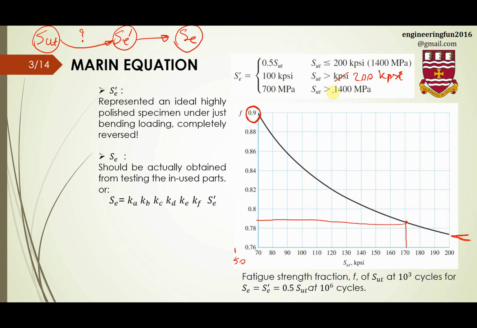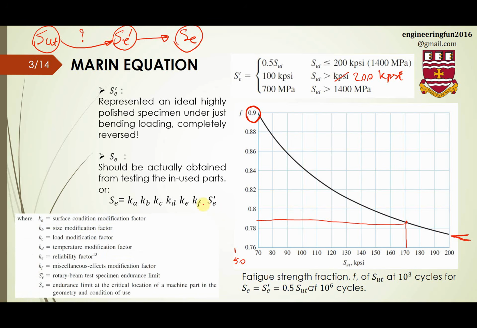And if we're in the imperial system, we represent it this way for very high SUT, and if we are in the SI system, we represent 700 megapascal as our SE prime. That means that we always divide by 2, but for very high loads, we don't divide SUT by 2, and we just divide the limitation by 2. So if it's 200 here, it's 100. If it's 1400 here, that's 700.